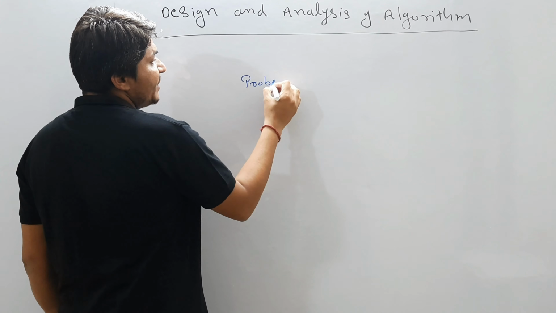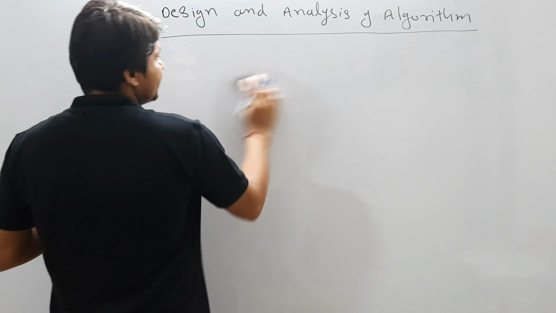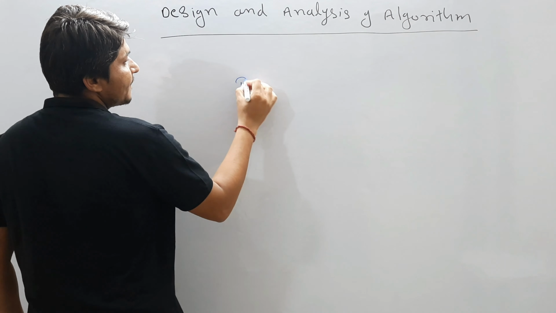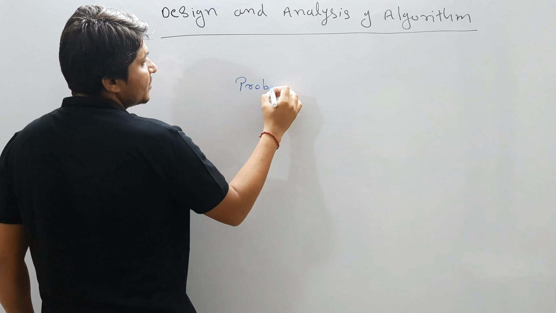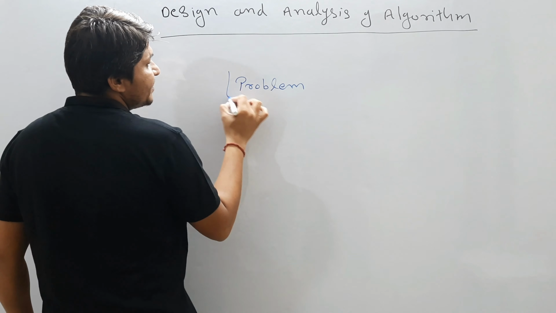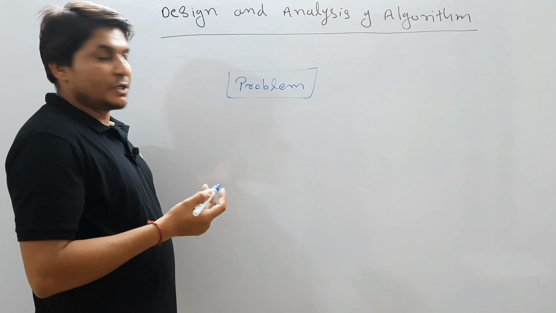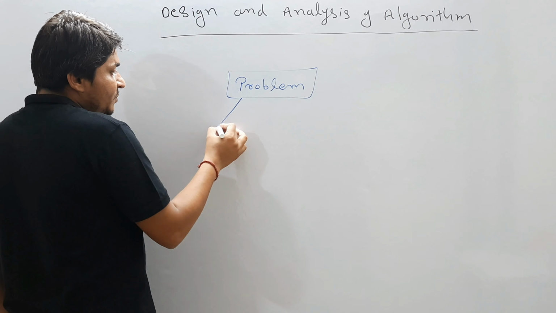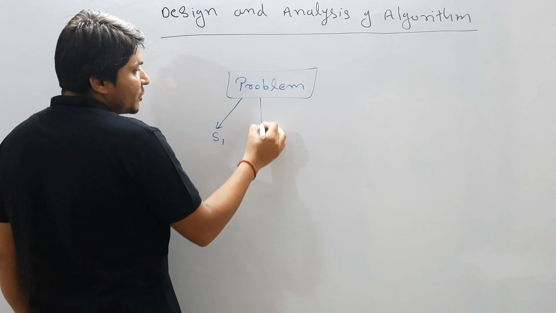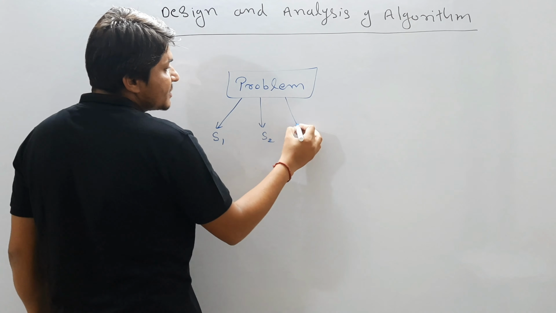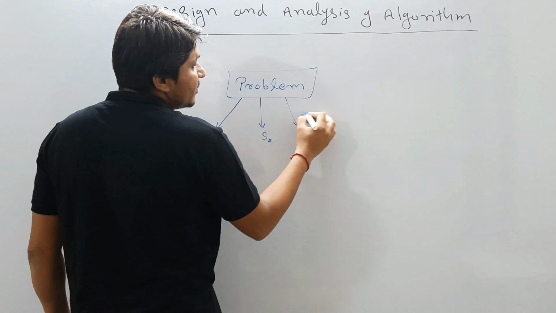So let's say we have a problem, and for any problem we could have many solutions. Let us assume we have solution number 1, solution number 2, this is solution number 3 and so on.